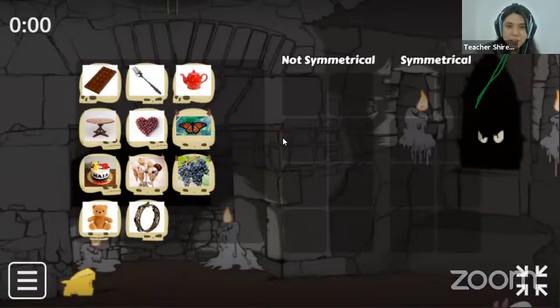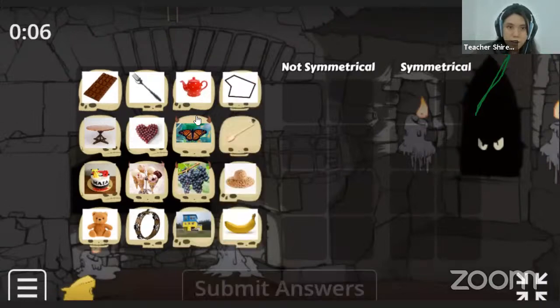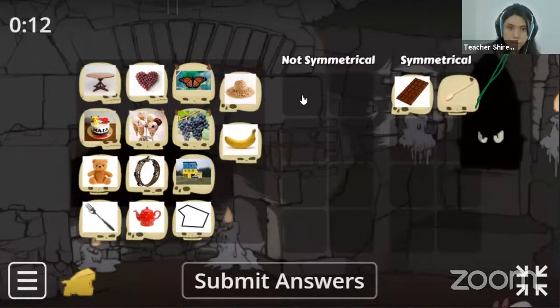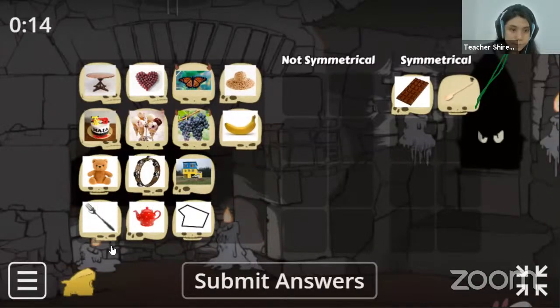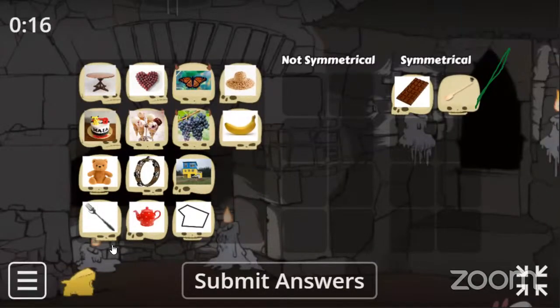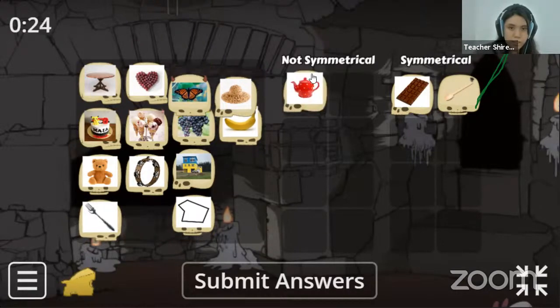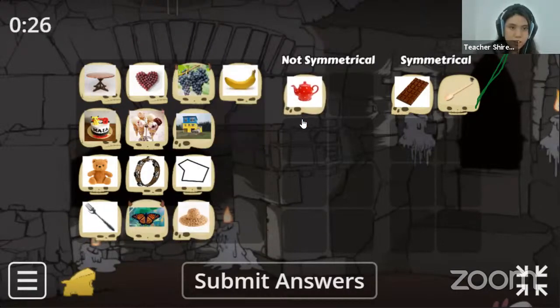Okay, so this is what I call symmetry and non-symmetry. Symmetry means left and right the same, just like the chocolate bar, just like the spoon you can cut up to down, it's symmetry. When non-symmetry, this house has eyes because there's something hiding behind, maybe it's a bat. Okay, not symmetry are like teapots, all these are non-symmetry.